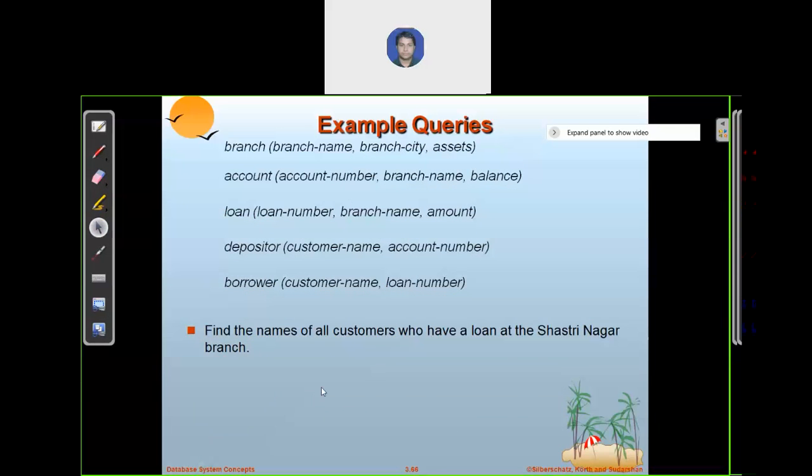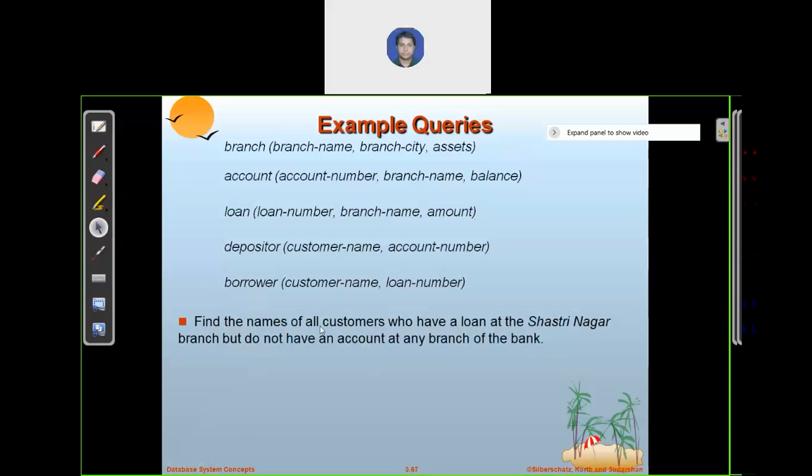The next query: find the name of all customers who have a loan at Shastri Nagar branch but do not have an account at any branch of the bank. So for the query we wrote last, just remove the names of the customers who have an account in depositor.